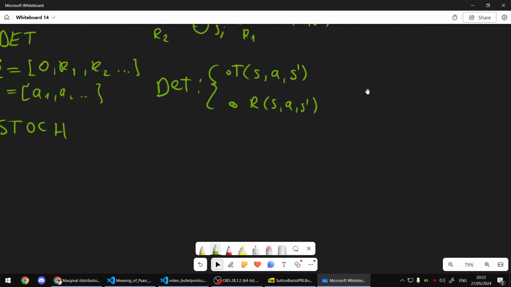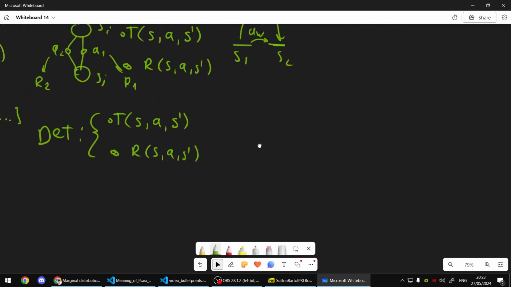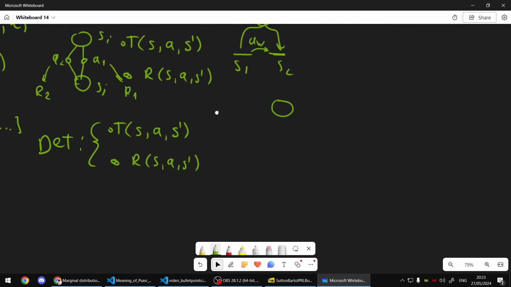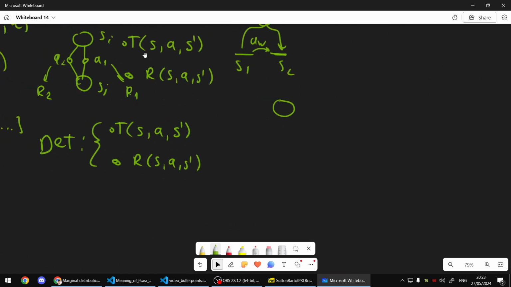So in stochastic, in fact, we can draw also the diagram, and it will be kind of twofold. I will say outright, whenever you take an action from some state S, it will probabilistically transition you to one of many states.